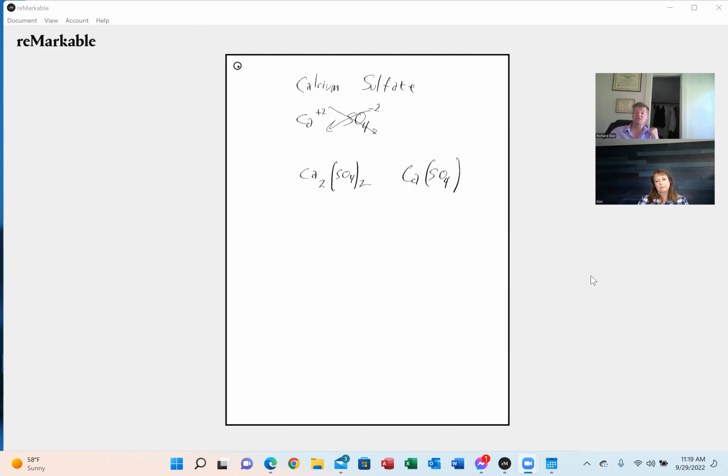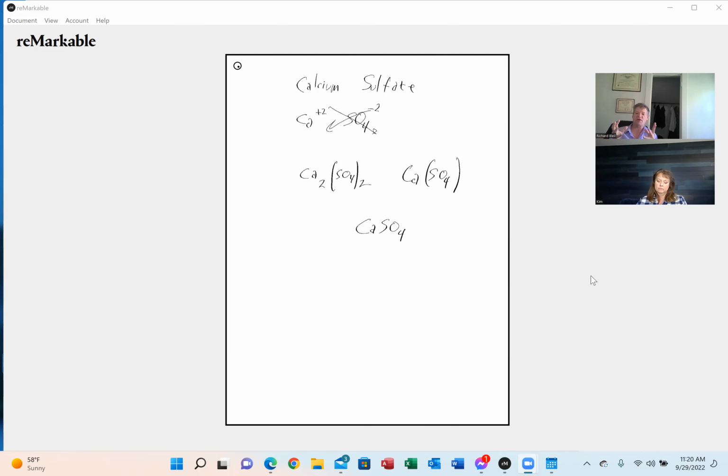This is still wrong. Why? If I only have 1 sulfate, do I need those parentheses? No. And when you look at CaSO4, you just recognize that group.